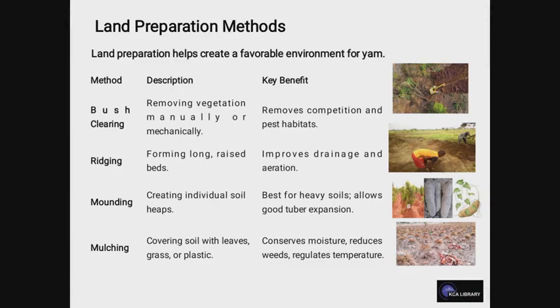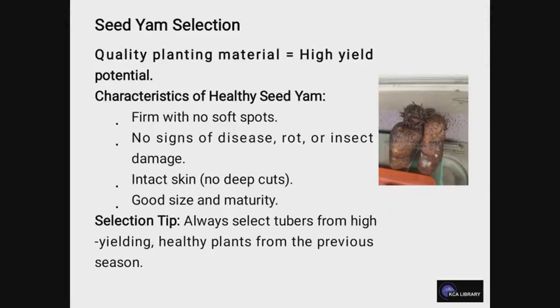And we have mulching also. For this one, it's covering soil with leaves, grass, and also plastic. This conserves moisture, reduces weeds, and also regulates the temperature of the yam soil.